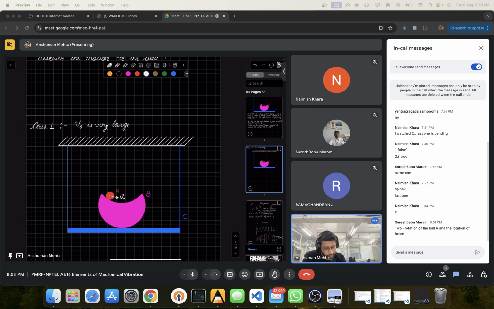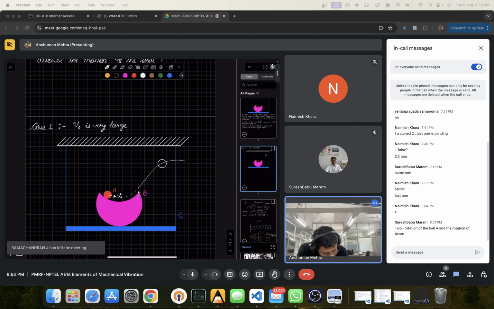Let's say this is point F, and the ball is moving like this, and after this it goes as a projectile. So if V naught is large, then this can go as a projectile.